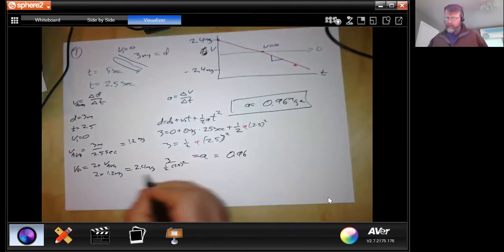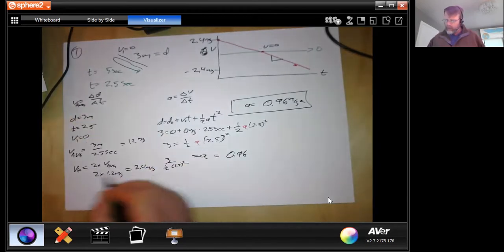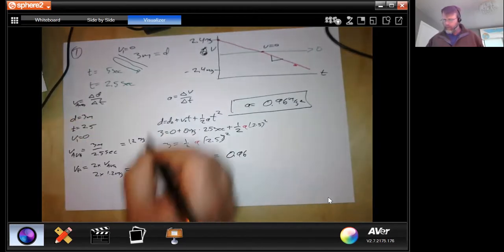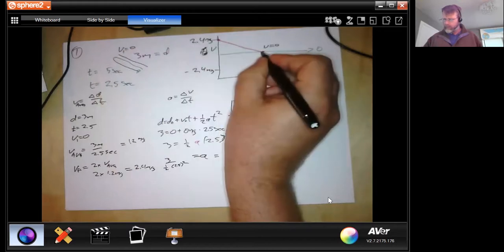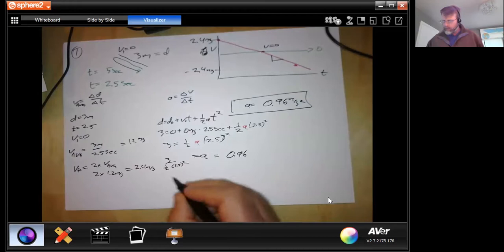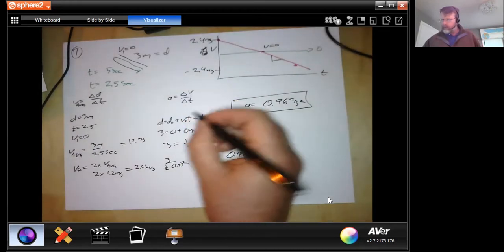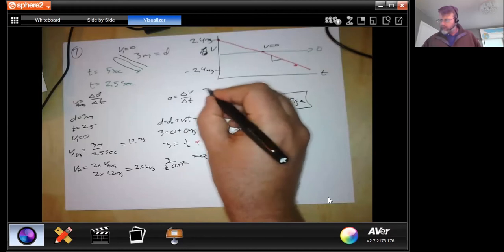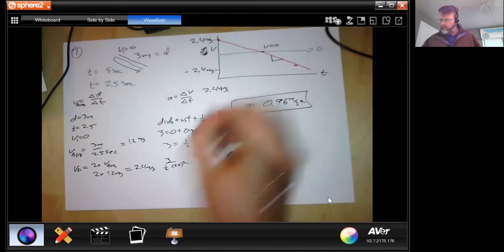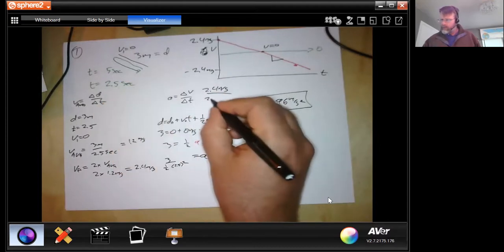So now we have the average velocity and the final velocity. So now we could do this one, change in velocity over change in time. So it changed 2.4 meters per second over 2.5 seconds.